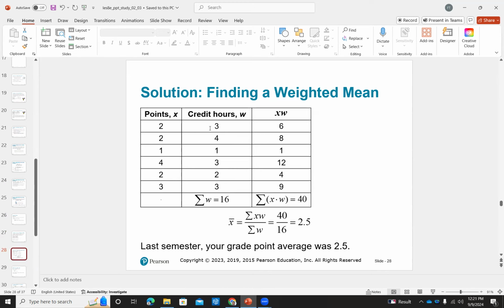So we multiply 2 by 3, which makes 6; 2 times 4, which makes 8; 1 times 1, which is 1. Then we add all these points we accumulated, which is 40 points. And then we add the total credit hours, which is 16. So we divide our total points by our total credit hours. So 2.5 will be the grade point average for this table.